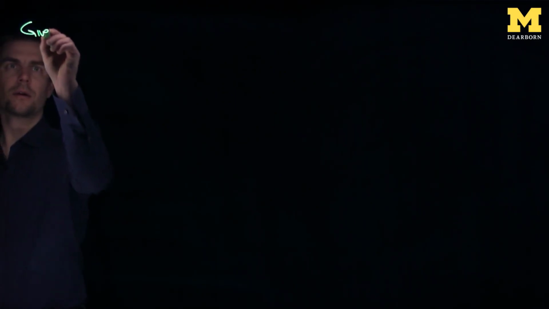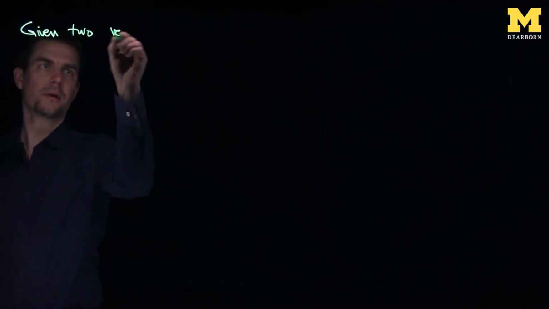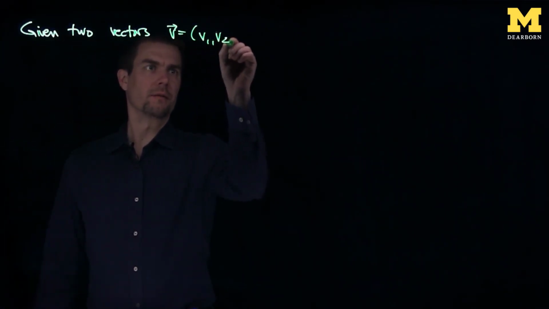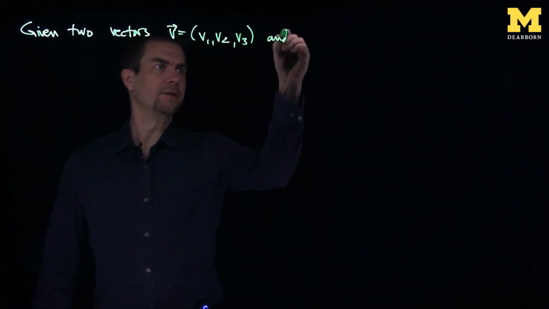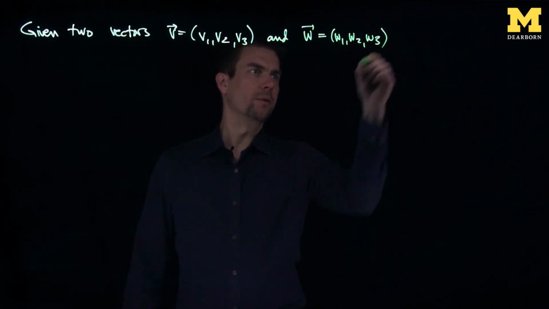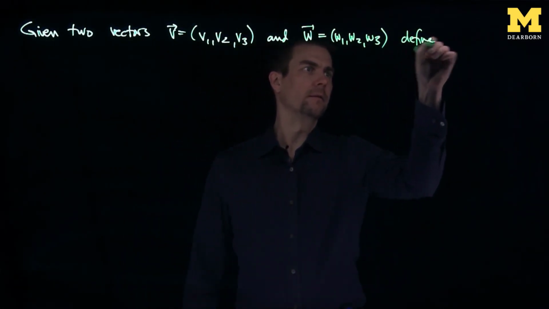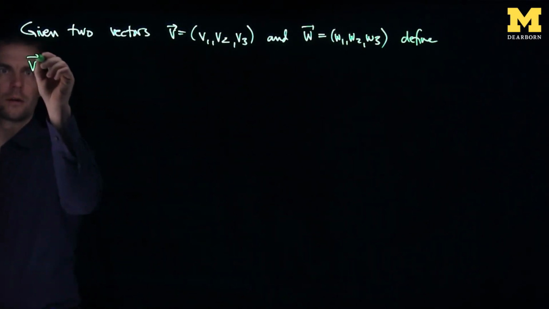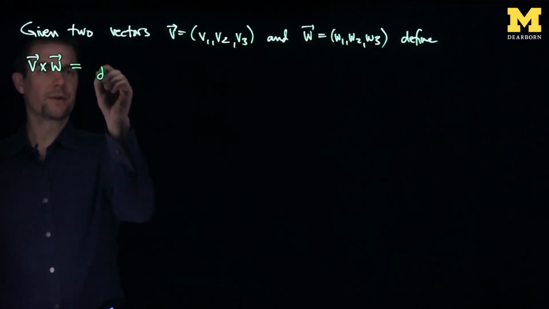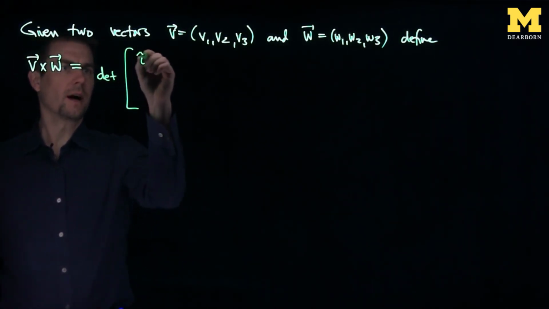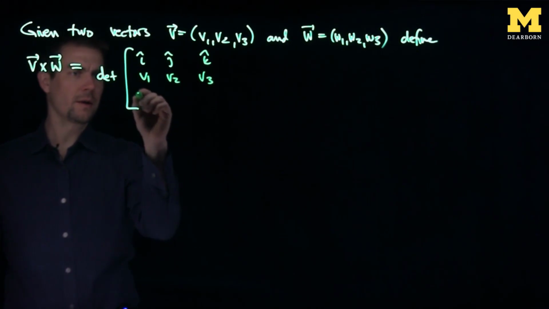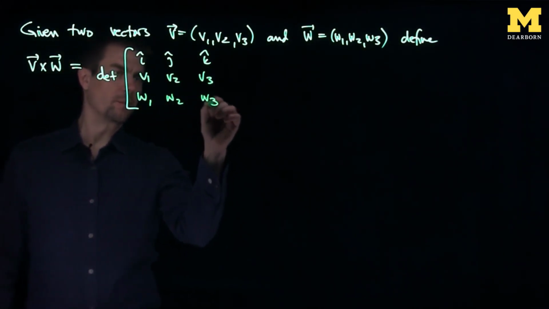If we're given two vectors v, which we'll write as v1, v2, v3, and w, which we'll write as w1, w2, w3, then we define v cross w as the determinant of i, j, k, v1, v2, v3, w1, w2, w3.